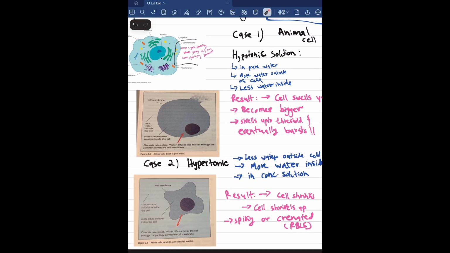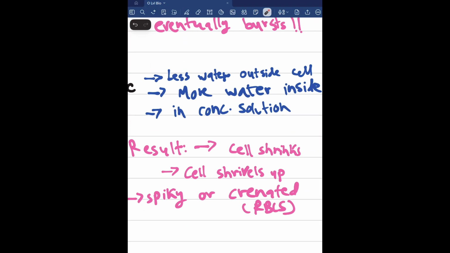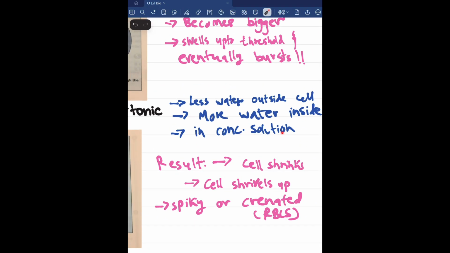So what is the result? The animal cell would shrink and shrivel up and it would have a spiky appearance. There's this word called crenation, or crenated. It mostly applies to RBCs, but we can also say that cells are crenated.